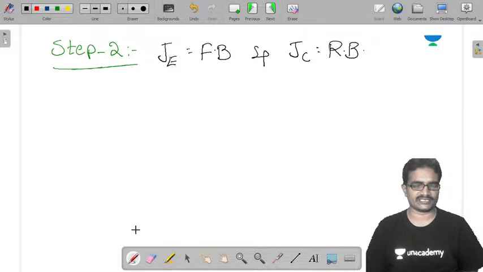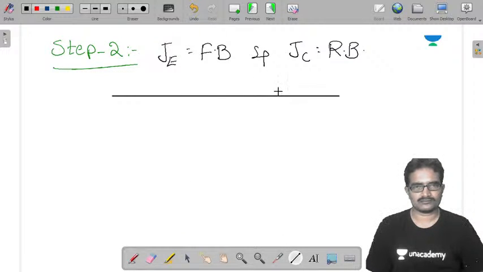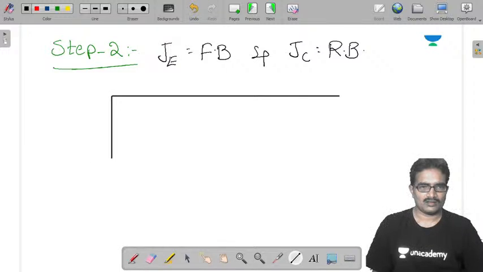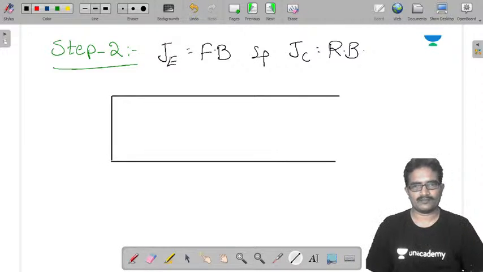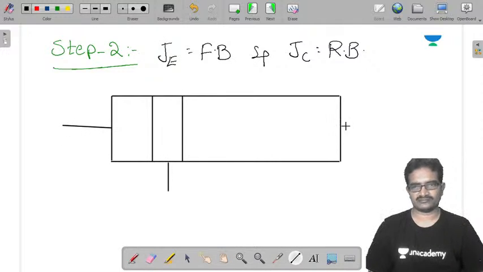So now I am going to draw this. For better understanding, I am taking the regions a little bit wider.